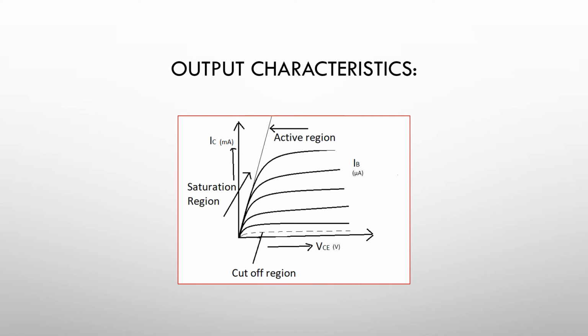Here we can observe the output characteristics. In CE mode, the collector current variation with collector emitter voltage is drawn, and this curve between the collector current and the collector emitter voltage at constant IB is called the output characteristics.